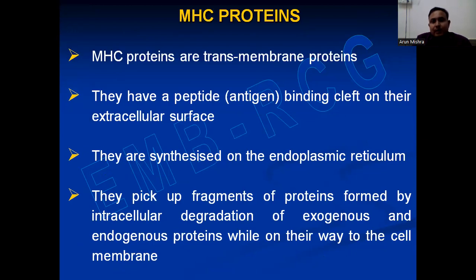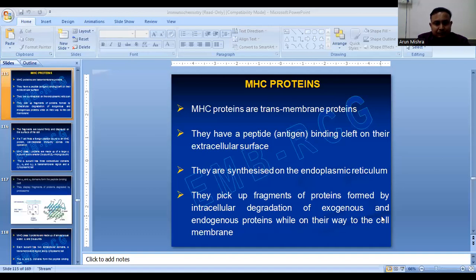MHC proteins are transmembrane proteins. They have a peptide binding cleft on their extracellular surface.